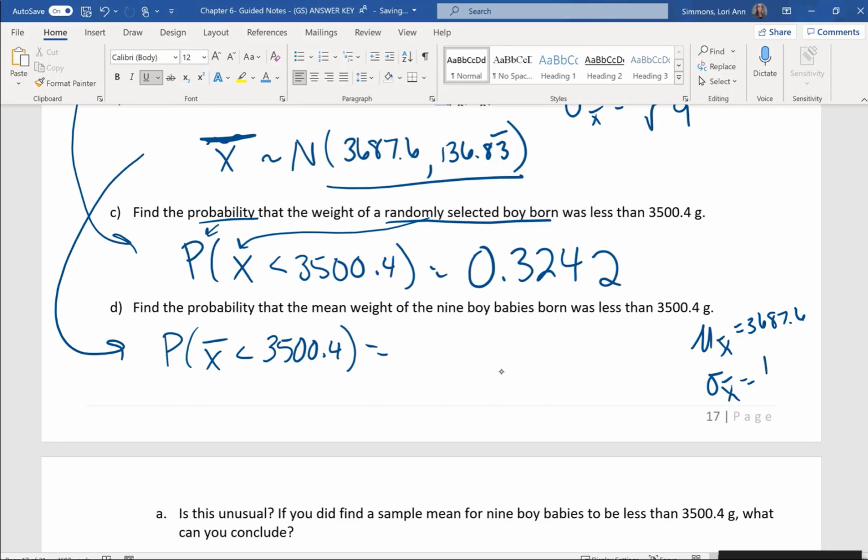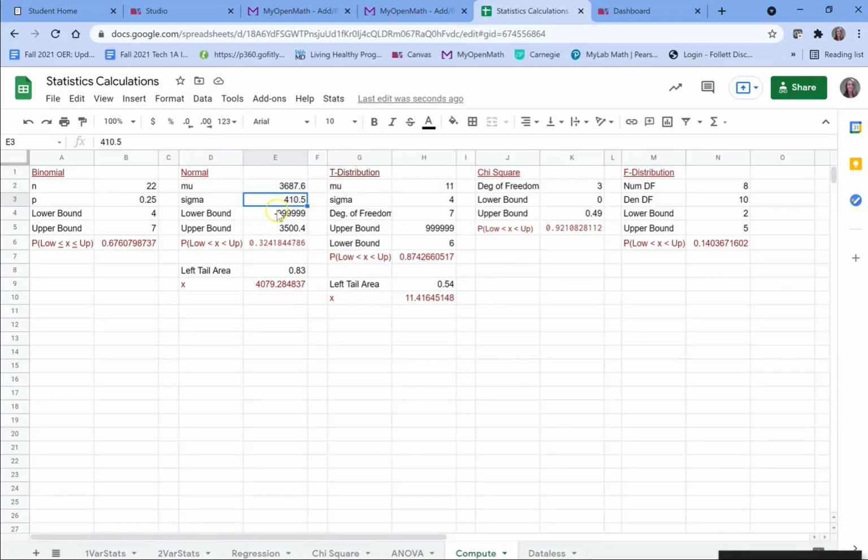Sigma x bar, 136.83 repeating. So really the only thing that changes here, like we've seen, is the standard deviation. 136.83. That gives 0.0856.